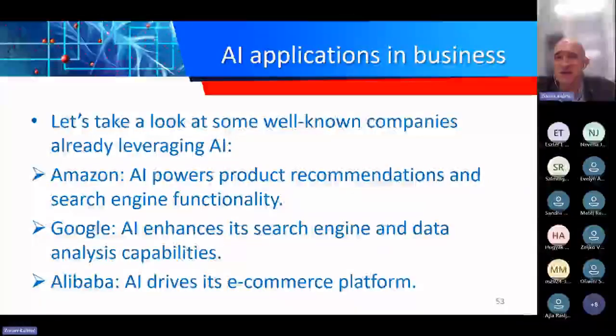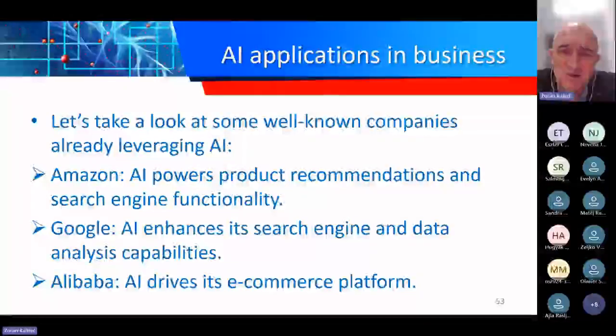Here are some of the examples. For example, Amazon has AI systems that are used for product recommendations. So many recommenders and search engines are powered by AI solutions. Google uses AI solutions for its search engine and the analysis of customer data in order to provide personalized search results.